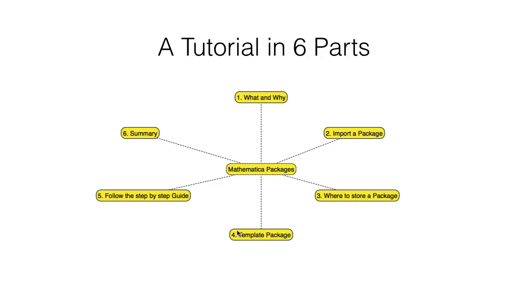In part 4, we will introduce a template package that you can use as a starting point in order to make your own package. In part 5, we will follow a step-by-step guide to make our own package using the template we introduced in the previous part. Finally, in part 6, we will make a summary and point out where you can find packages to study in order to make your own packages powerful.